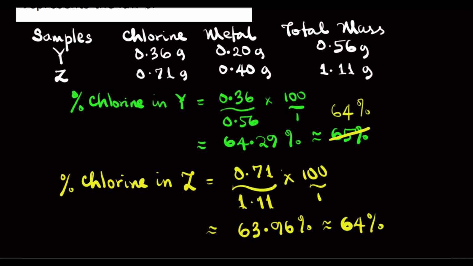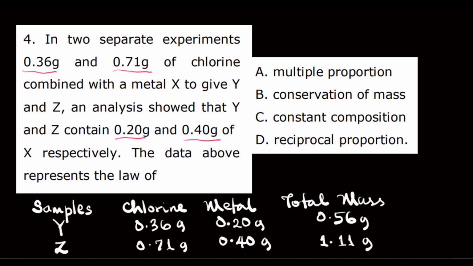So since we have approximately the same percentage of chlorine in both samples, then it is the law of definite proportion, which is also known as the law of constant composition. So the answer is C. And what does it state?